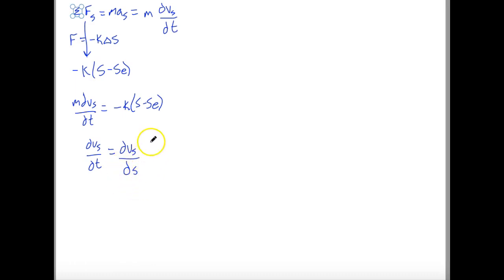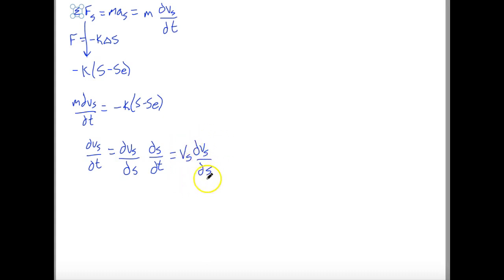The only way I can put ds on the bottom is if I also put ds on the top, and then our missing variable that we had before was dt. At this point, we know that ds over dt is just like dx over dt, so that's velocity. So here's the velocity of the spring, and then we're going to take that times dv_s over ds. So now we've applied the chain rule.